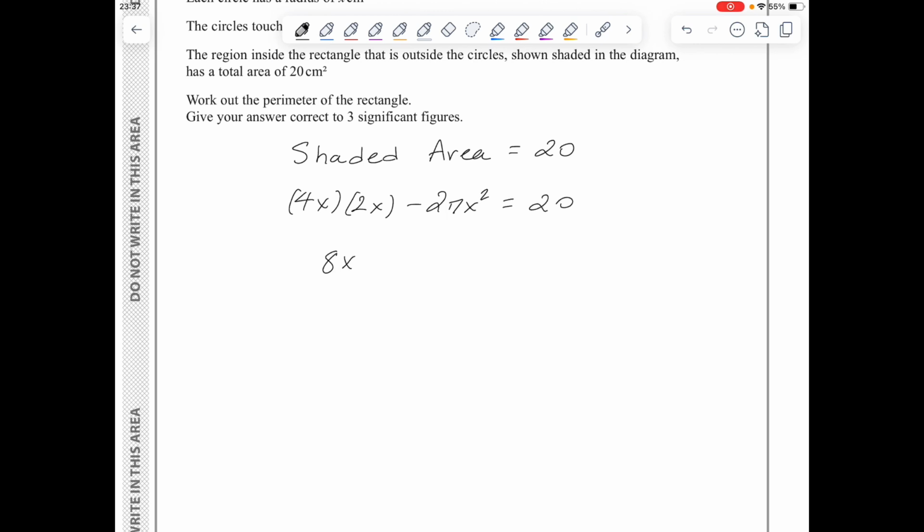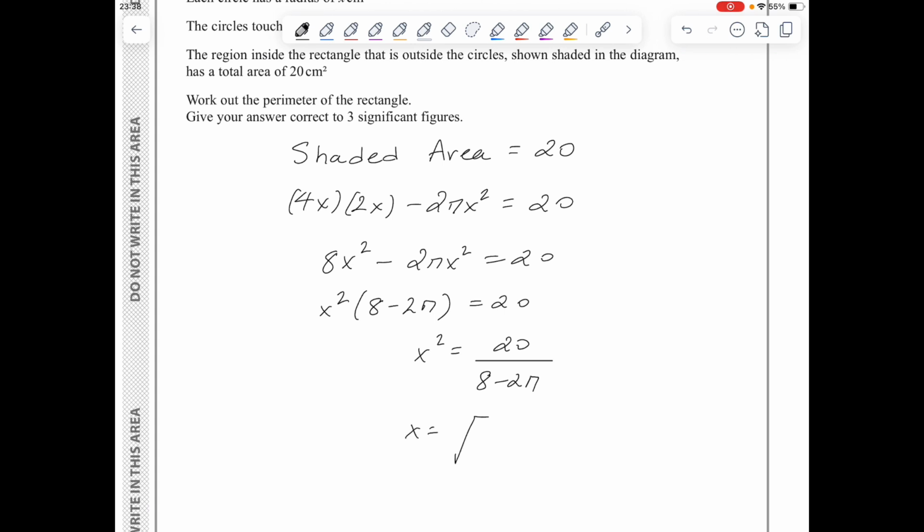So 8x squared minus 2 pi x squared is equal to 20. On the left, I'll factor out the x squared, so x squared times 8 minus 2 pi is equal to 20. So x squared is equal to 20 over 8 minus 2 pi. So x is equal to the square root of this expression.